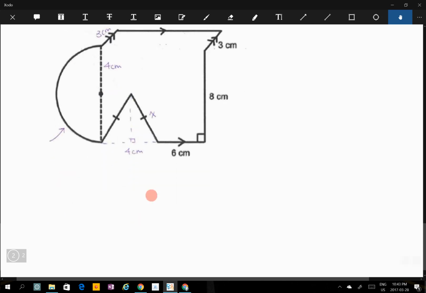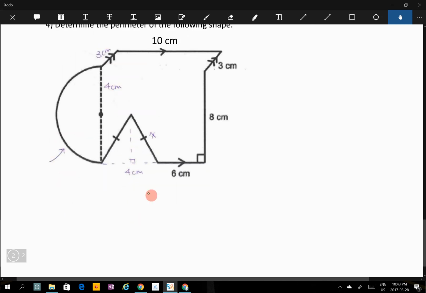Okay, so I have this cross-sectional triangle. Now how do I know this is 4 centimeters? Well, from this point to this point is 10 centimeters.